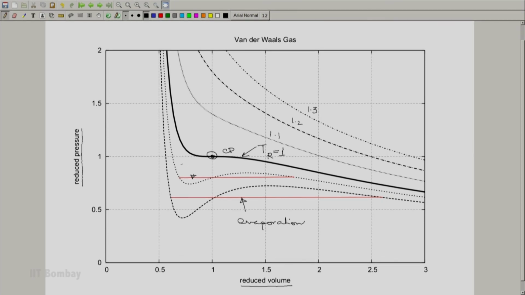Similarly, these two isotherms below that, they pertain to 0.95 and 0.90 respectively.